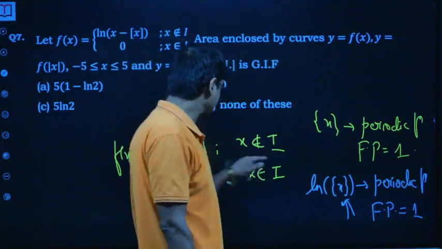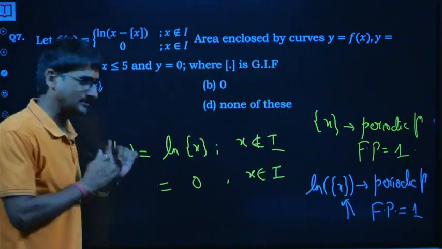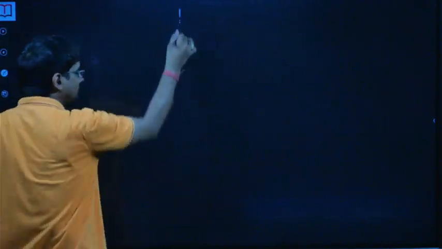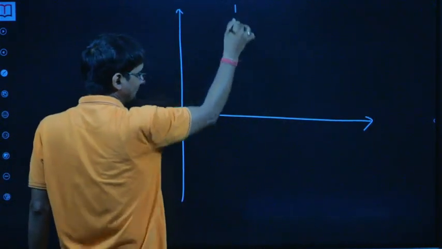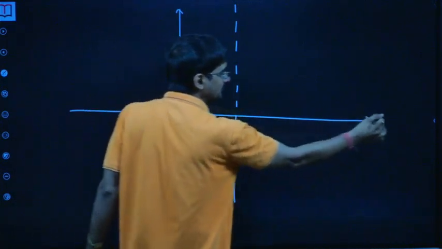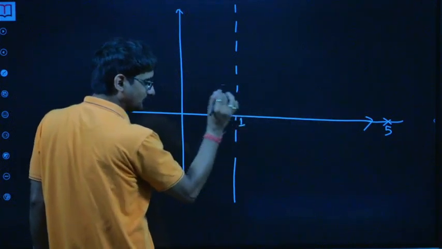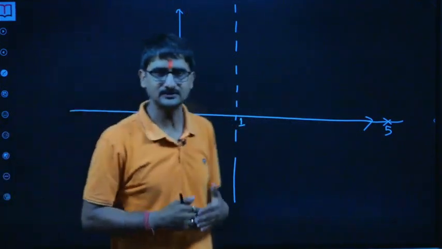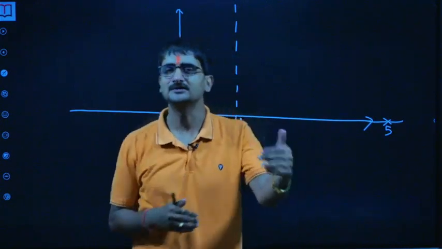So f(x) is a periodic function. Fundamental period 1 means if I solve for x up to 1, since I have to go till 5, everything is going to repeat as it is, and then we can easily get it.